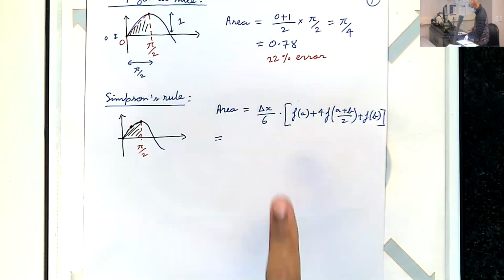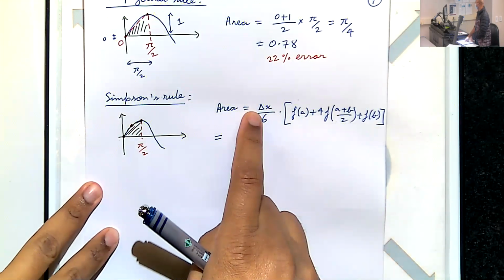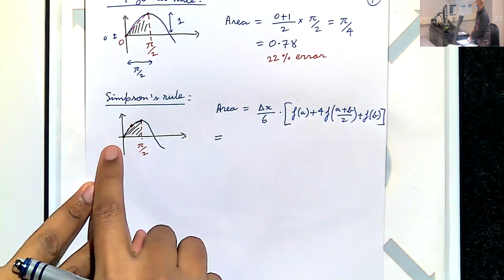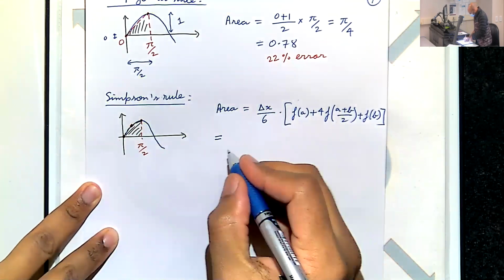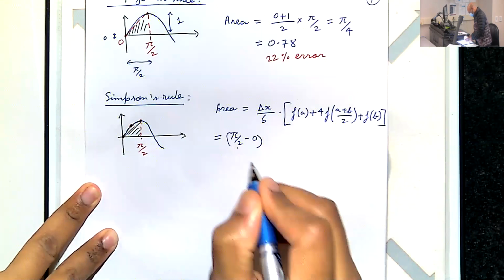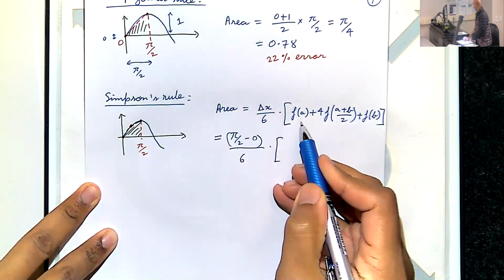You're going to help me figure out what each of the numbers are. What's delta x? Pi over 2. Yeah, we go from 0 to pi over 2. So we write pi over 2 minus 0, over 6. What is f of a?